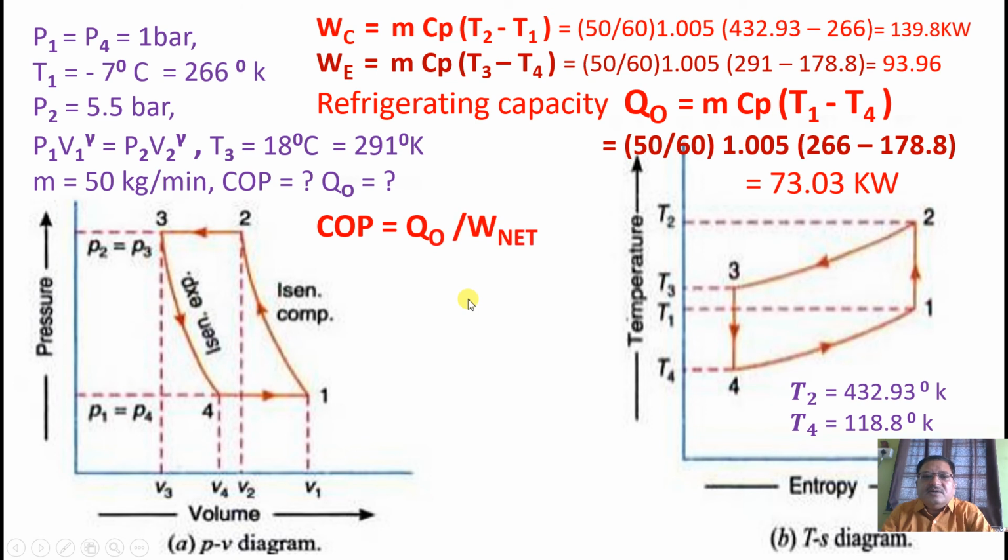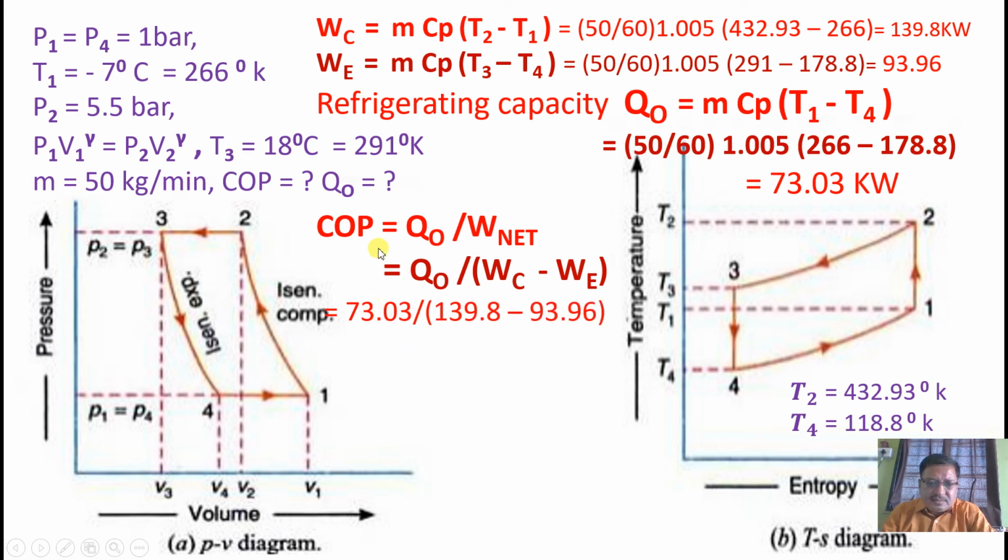So COP is equal to Q0 upon W net. Net work is equal to WC minus WE, that is, work of compression minus work of expansion.